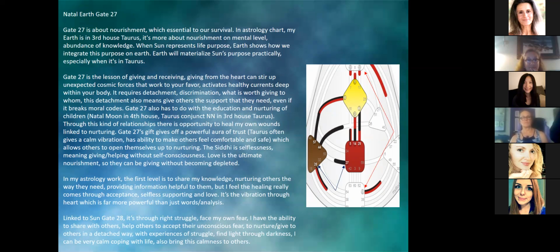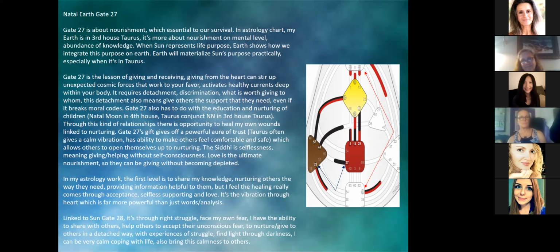This detachment also means giving others the support that they need, even if it breaks moral codes. Gate 27 also has to do with the education and nurturing of children. So again, there's a correlation to my natal moon in the 4th house, conjunct the 3rd house North Node. Through this kind of relationship, there is opportunity to heal my own wounds linked to nurturing.